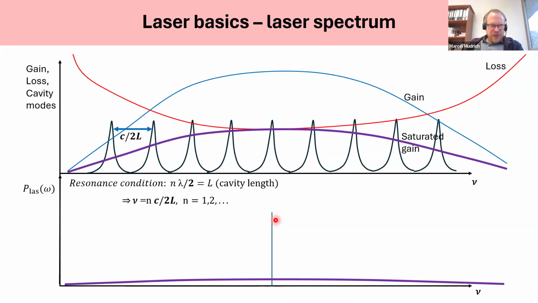Of course, in the real world, this is not a delta function. There are sources of technical noise, such as vibrations of the resonator mirrors. There is noise in the gain profile, in the gain medium, because any gain is pumped by some electrical power supply, which has noise and so on.